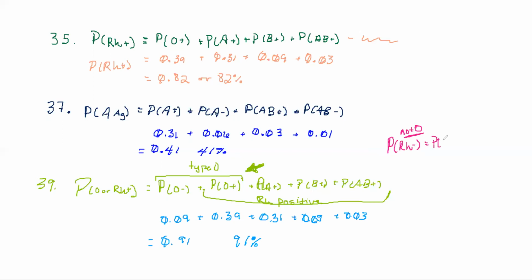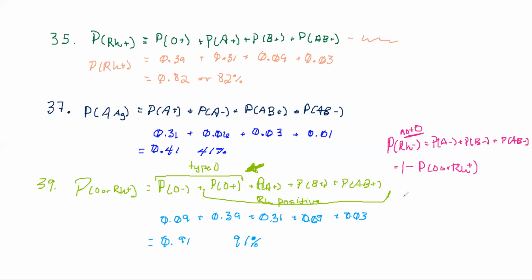So we would get the probability of, well, we can't do O negative, but we can do A negative plus the probability of B negative plus the probability of AB negative. Or we could do 1 minus the probability of O or Rh positive.